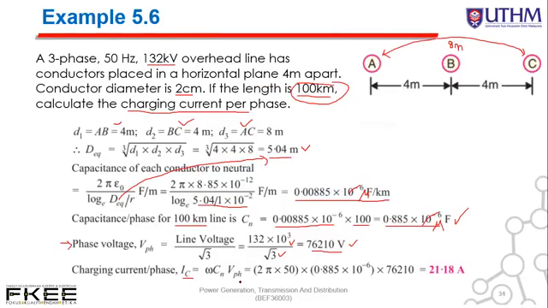V phase is 76210, XC equals 1 over omega Cn, where omega is 2 pi f, with f equal to 50 hertz, and the capacitance for the 100 kilometer line is 0.885 microfarad. So we got 21.18 ampere charging current.